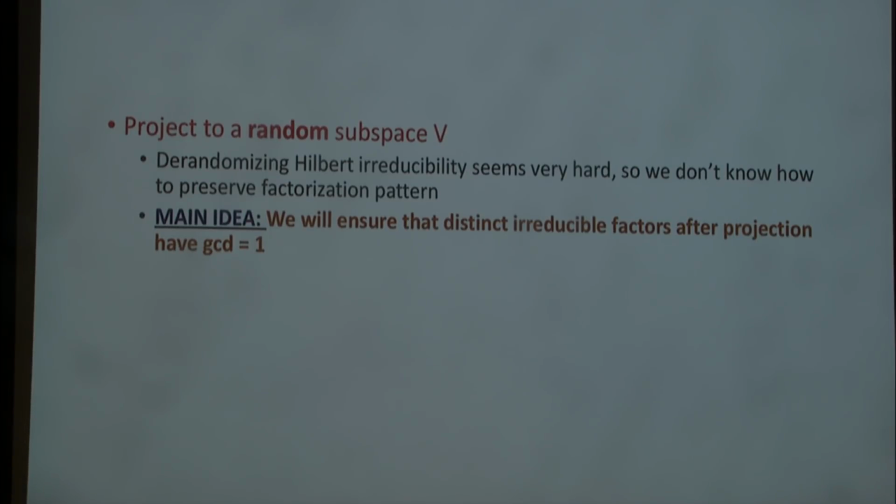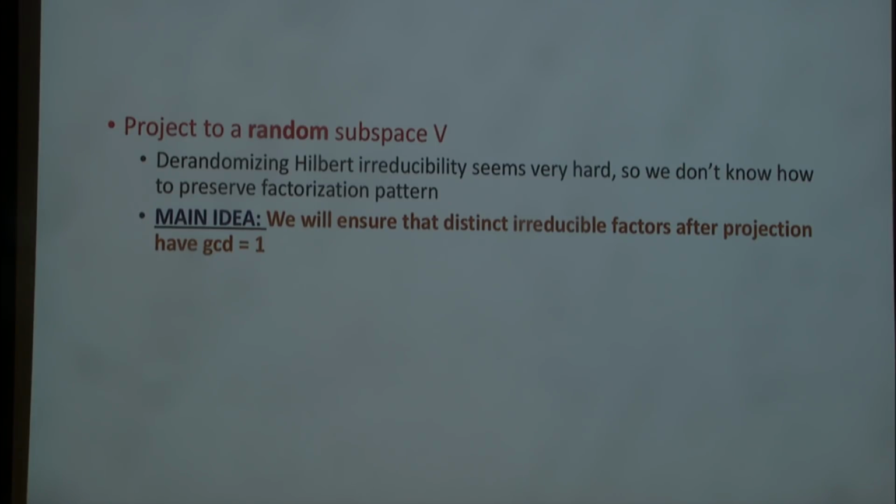What we will ensure is that if you have 2 irreducible factors of f, when you project down, these irreducible factors may not stay irreducible anymore. We won't get the Hilbert irreducibility theorem. Irreducible factors might further subdivide, but we can ensure that different irreducible factors, after their projection, will still have GCD 1. This will ensure that they won't mix.